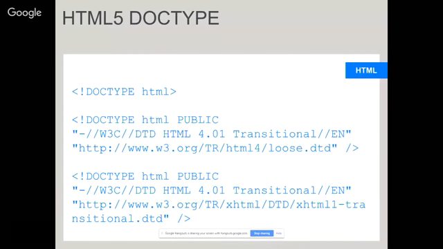And also, here is an example. We are familiar with the doctype HTML, the HTML5, which is what we have used. Sometimes if you're looking at some older pages, you may see a declaration looking different. And these are the HTML4 and XHTML versions of web pages.